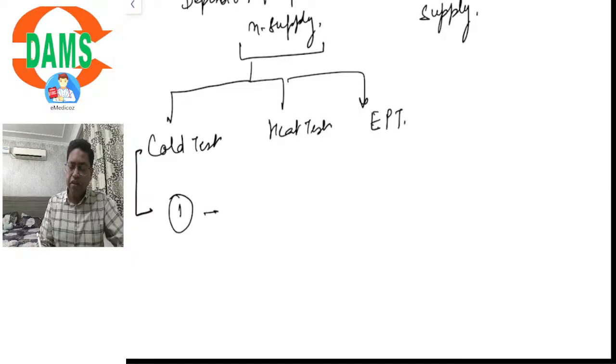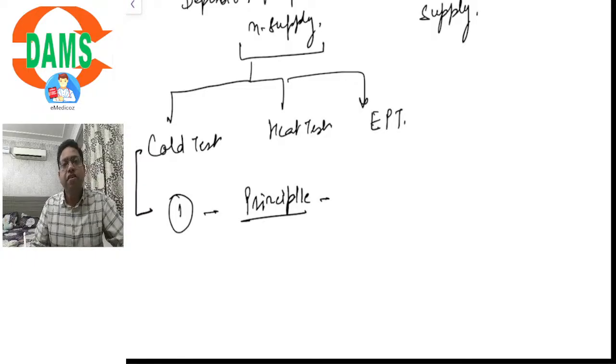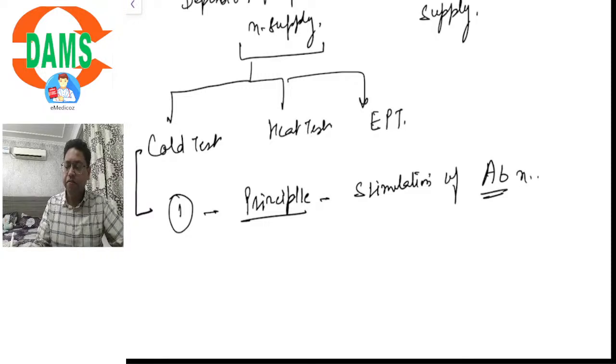The cold test, what is the principle? How are we able to ascertain that the pulpal status is vital or non vital, viable or non viable, based upon the nerve supply? The principle is that there is stimulation of A delta nerve fibers by cold application.